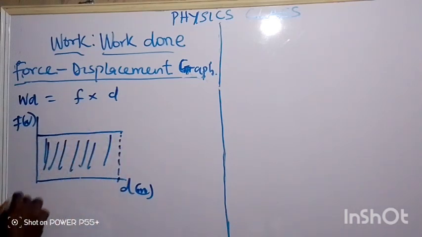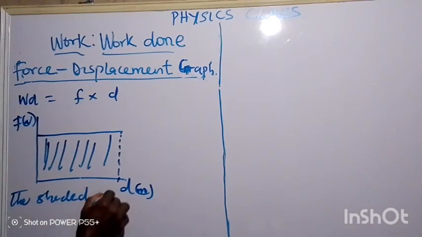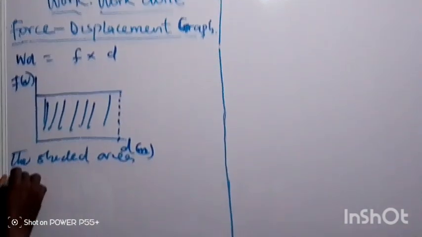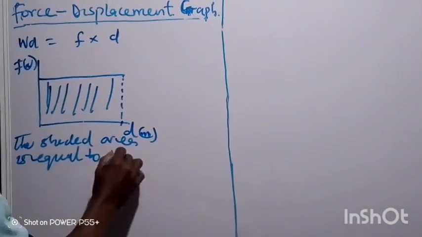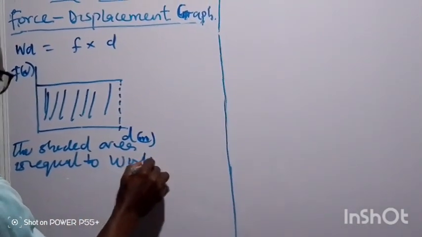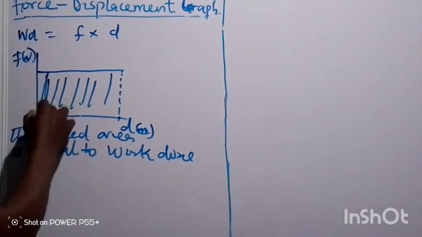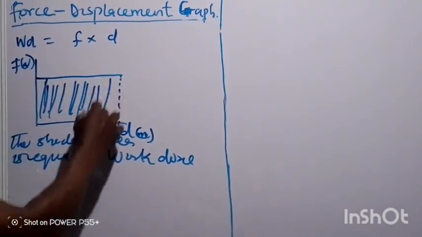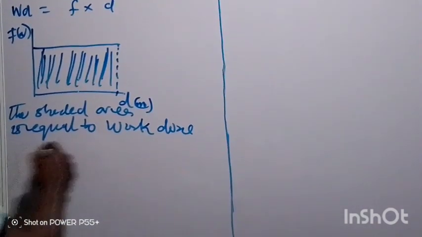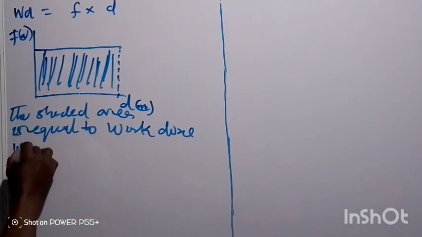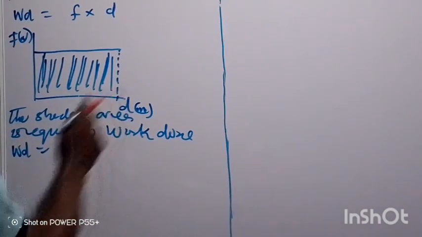So the shaded area is equal to work done. And since this shaded area in mathematics is a rectangle, the work done will be equal to force multiplied by displacement.